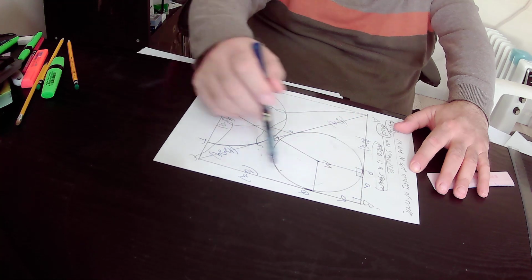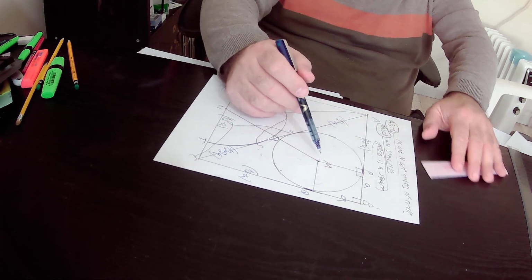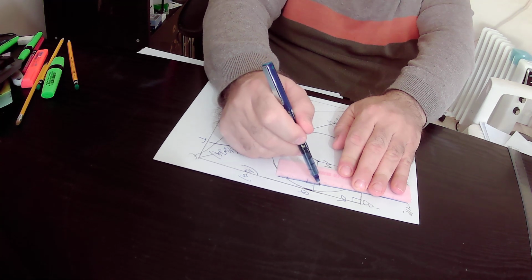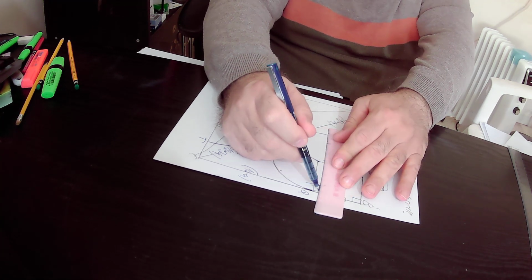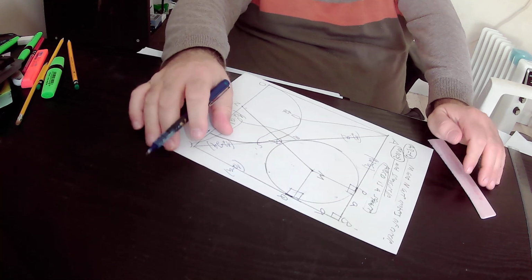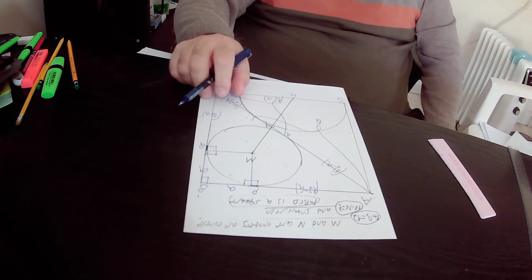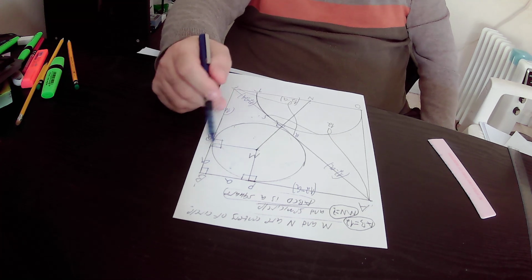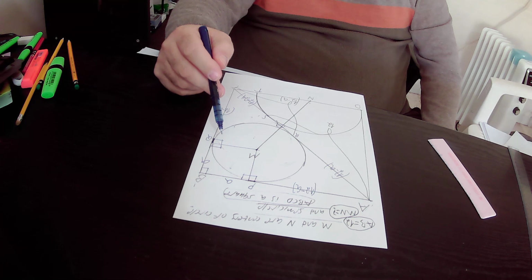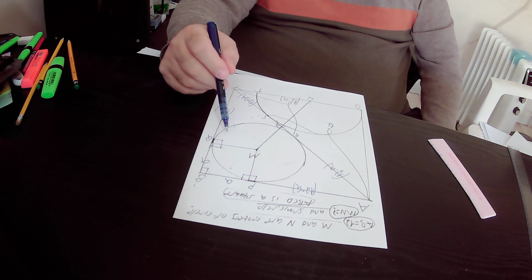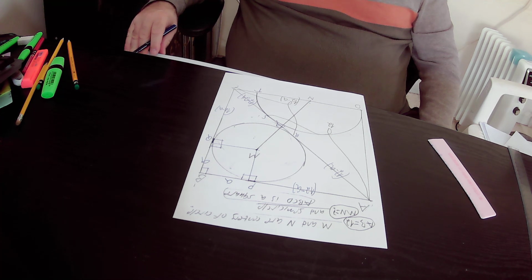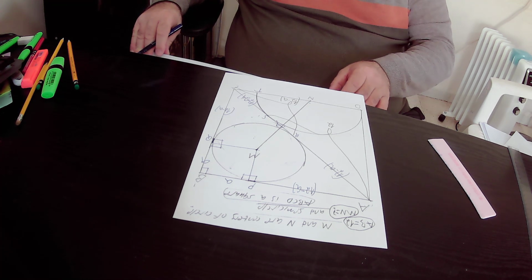So BC is perpendicular to QM, that is to say, this angle will be equal to 90 degrees and this angle will also be equal to 90 degrees. So in quadrilateral PBMQ, we have 1, 2, 3 right angles, and the sum of 3 right angles is 270 degrees.